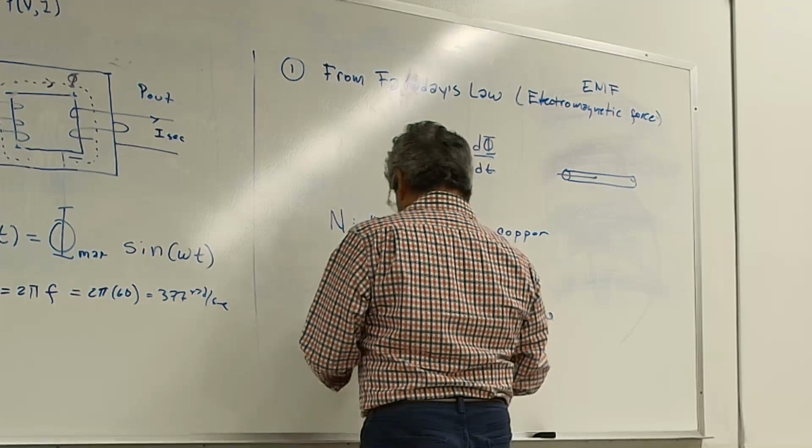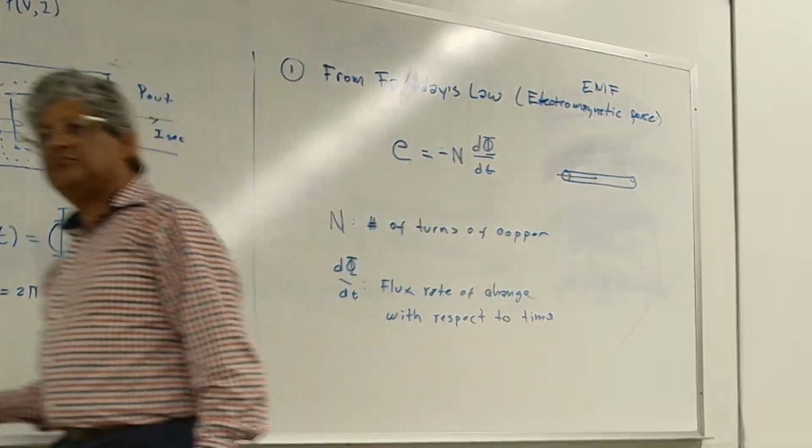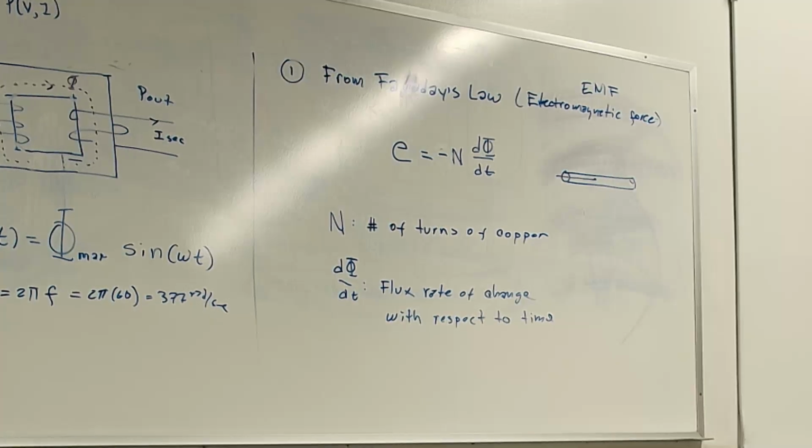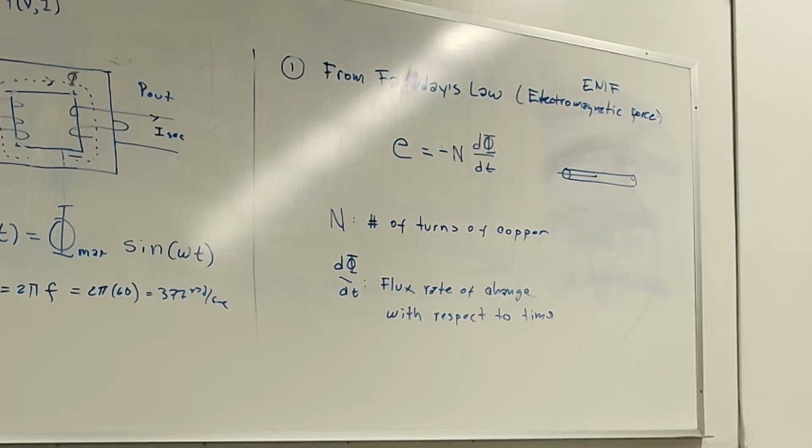Professor? Yes. This relates to Maxwell's equation, right? Correct. Remember the Maxwell equations? Del cross E. That's right. But by the way, the equations that we use are the watered down version of the Maxwell equations, okay?